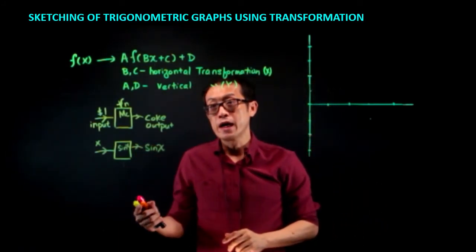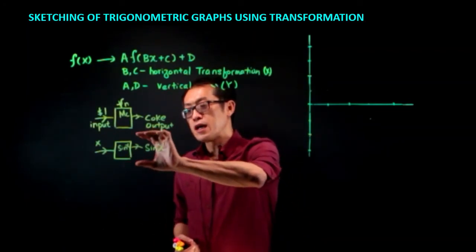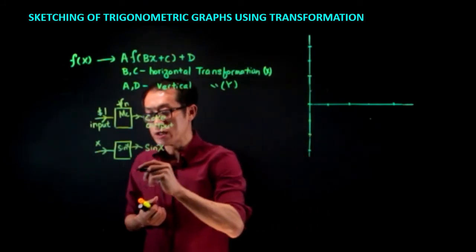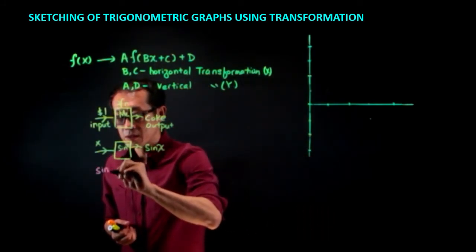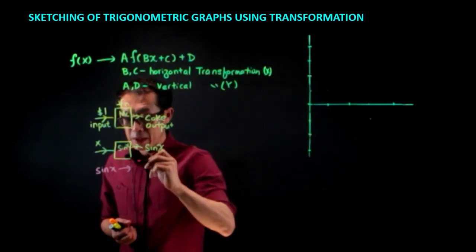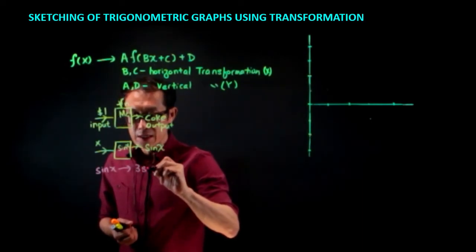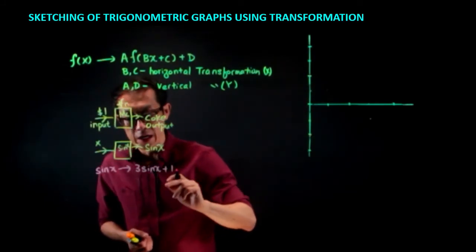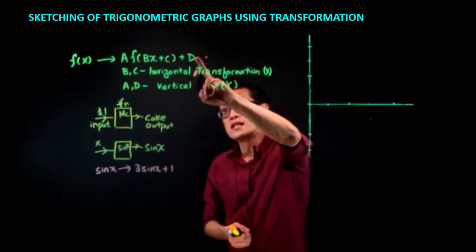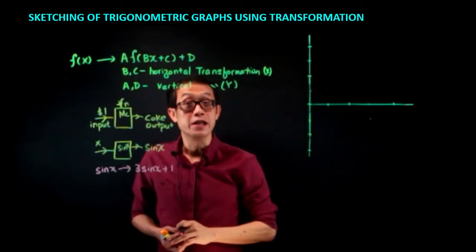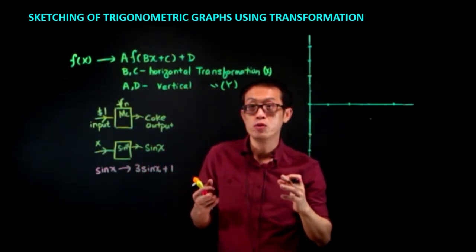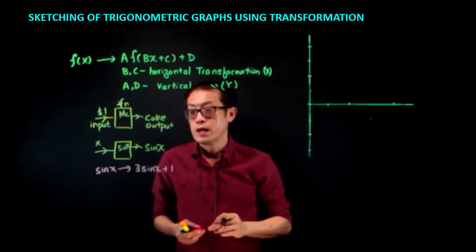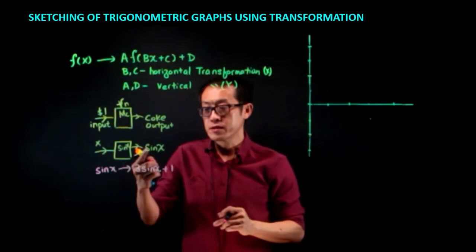But today we are going to learn how to transform sine x to, for example, 3 sine x plus 1. This 1 is the d and this 3 is the a. How are we going to transform? Let's look at what it means.